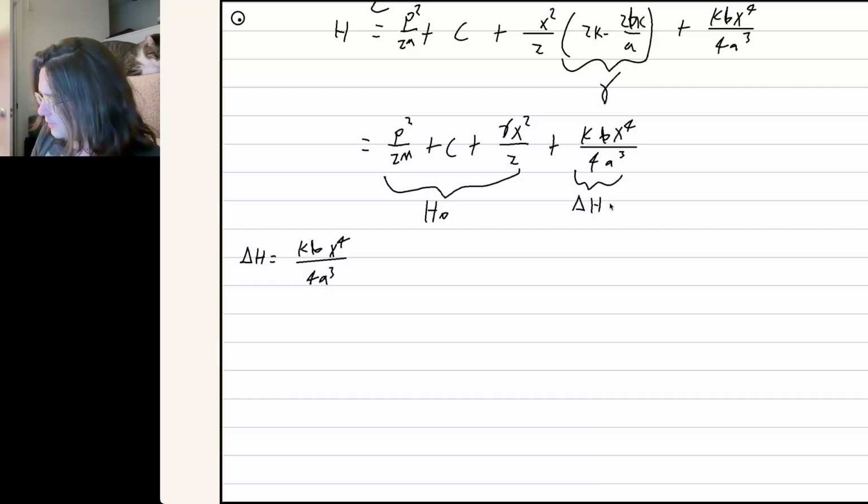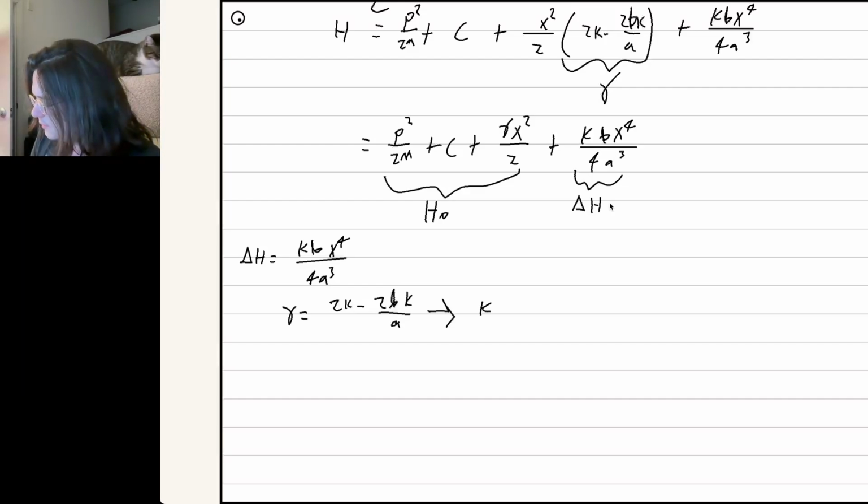What is that going to be? Gamma equals 2k minus 2bk over a, so k is equal to gamma over 2 minus 2b over a.